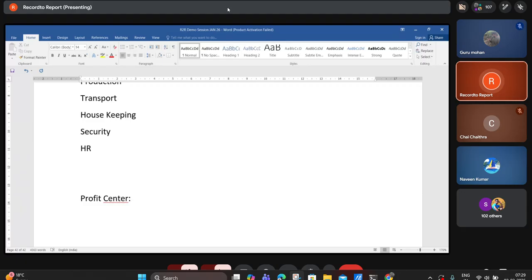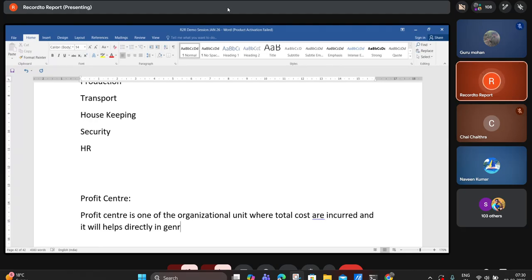Profit center is also one of the organizational department units where the costs are incurred, and it will help directly in generating the revenue of a company.